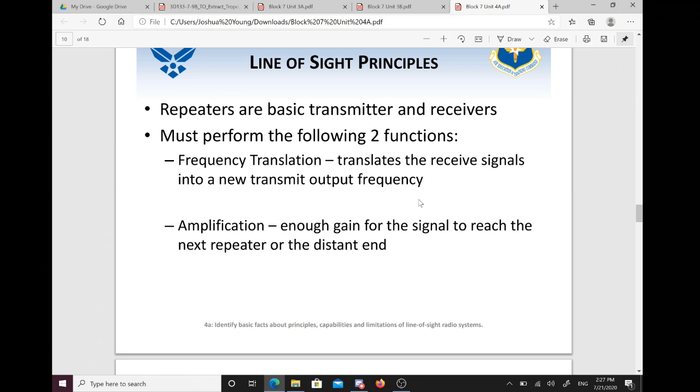And then also, because we're using this repeater to extend the line of sight frequency beyond its typical means, it has to be able to apply amplification or gain to your signal so that it can reach either the next repeater or its final destination.